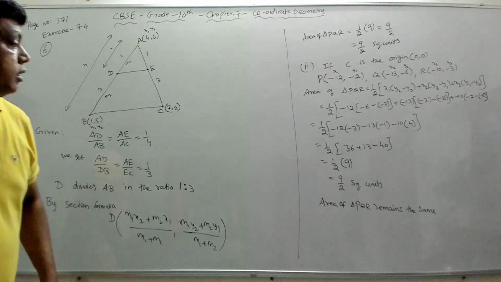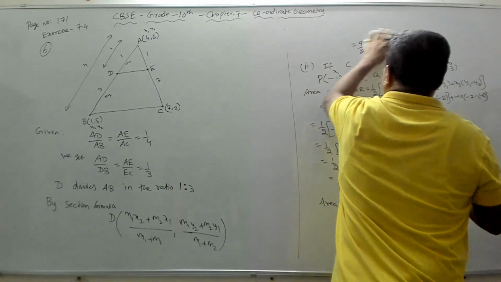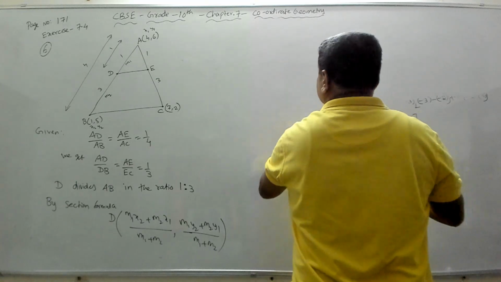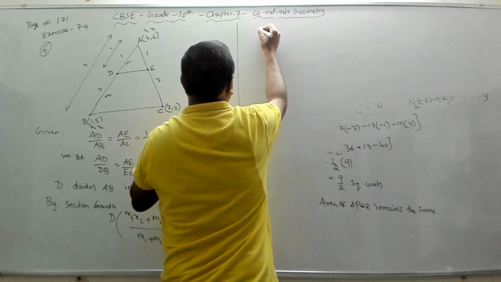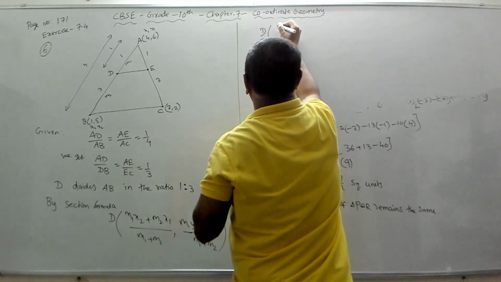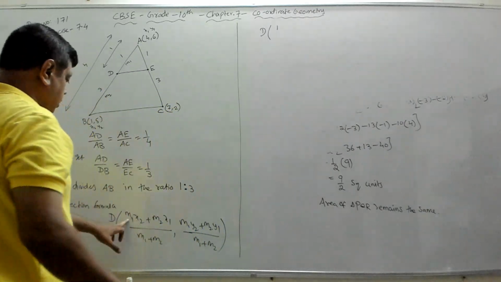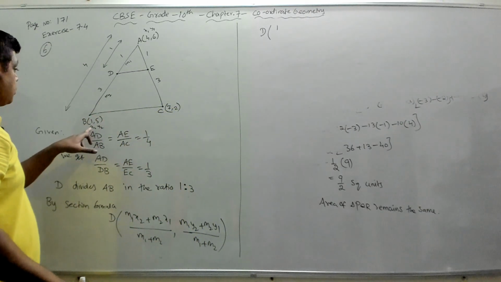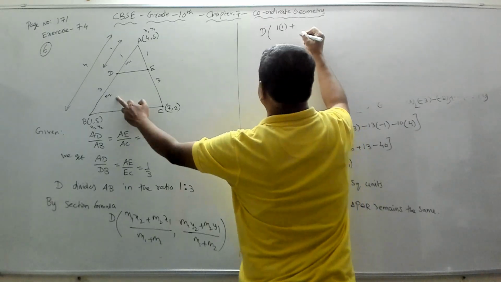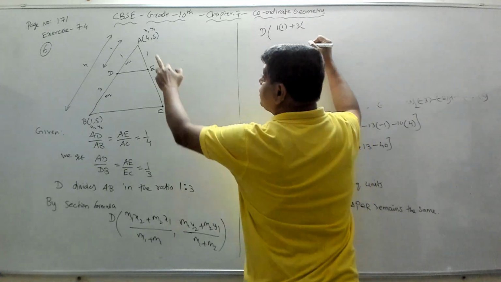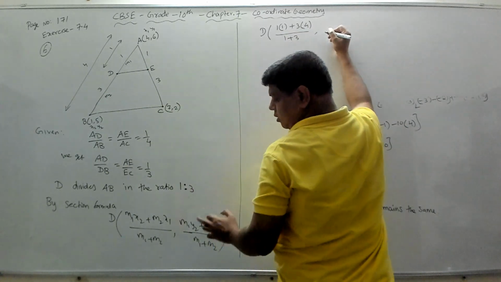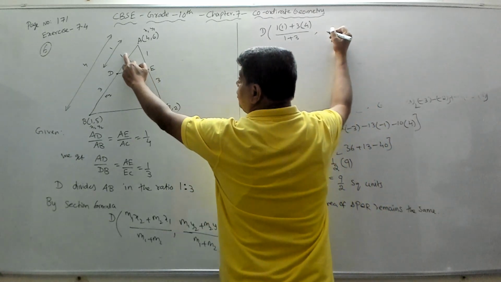Now let's calculate the coordinate of D using the section formula. So what will be the coordinate of D? You have to substitute in this formula, m1 x2. m1 is 1, so 1 into x2, and x2 is 1, so 1 into 1, plus m2, m2 is 3, into x1, x1 is 4, by 1 plus 3, comma, m1 y2, m1 is 1 into y2, y2 is 5.